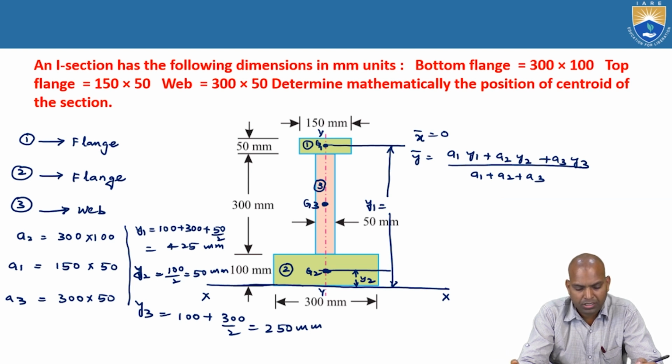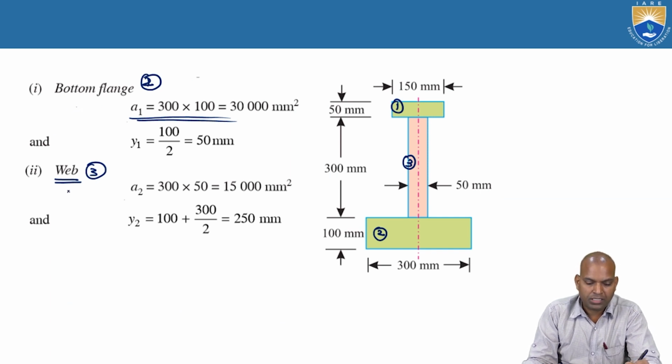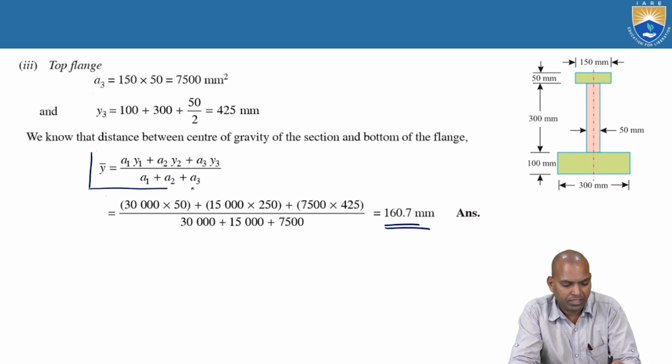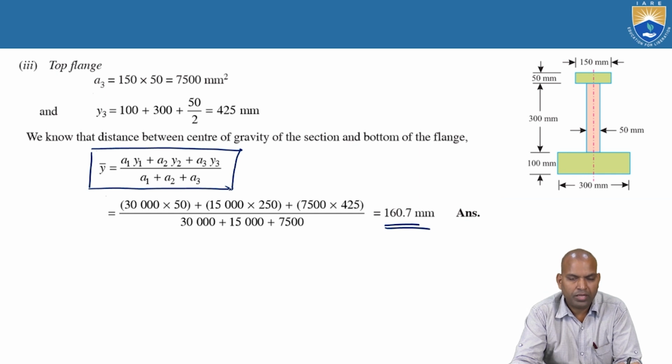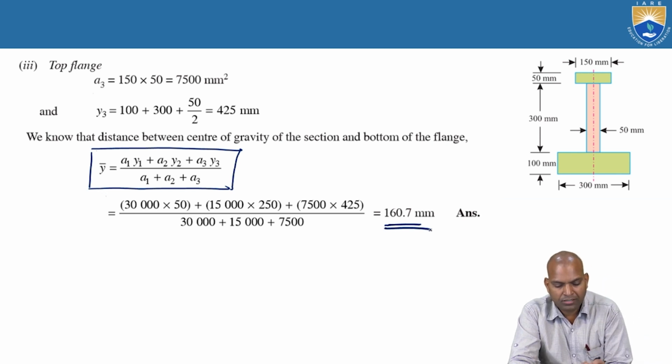The bottom flange can be section 1, the web section 2, and the top flange section 3. The procedure is A1 Y1, A2 Y2, A3 Y3, substituted into the centroid expression, A1 Y1 plus A2 Y2 plus A3 Y3 by A1 plus A2 plus A3. After substitution, the calculated value is 160.7 millimeters.